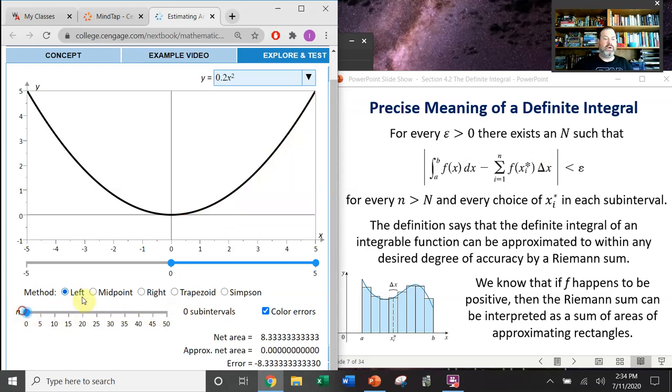What about the midpoint rule? Remember our good friend, the midpoint rule? This is what it looks like. How small can I get that error? Well, because the midpoint rule alternates overestimates and underestimates, look how fast the midpoint rule error gets small. There, now I'm less than 0.1.